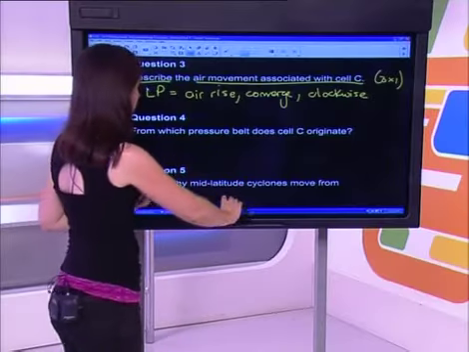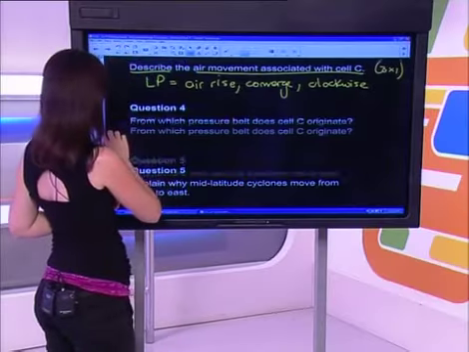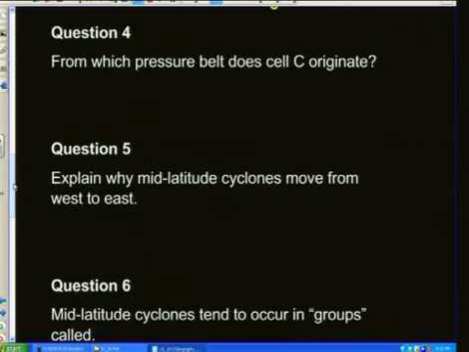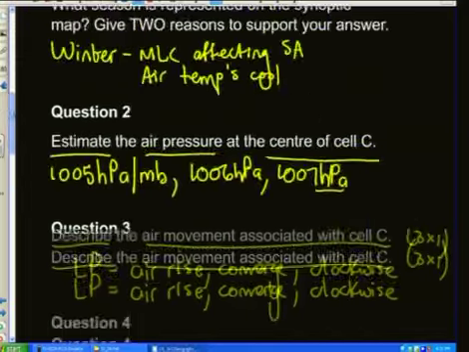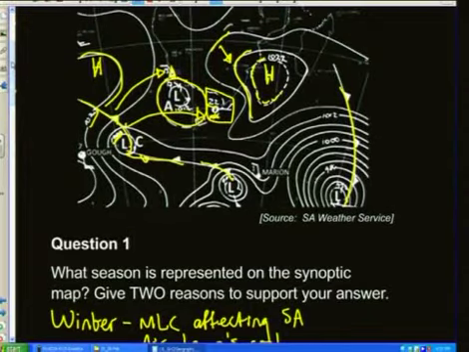Okay, let's have a look at question 4. It then asks you, from which pressure belt does cell C originate? Let's have a look at our diagram. Remember our mid-latitude cyclones, as I said to you earlier, okay? They form part of our subpolar low pressures.